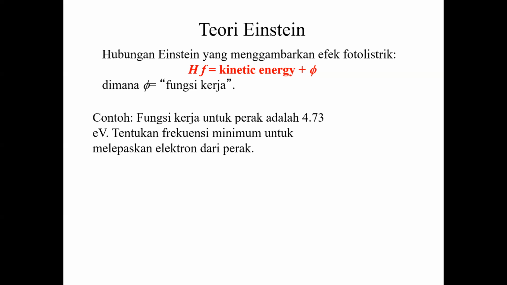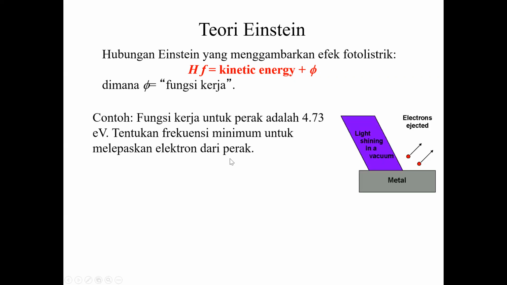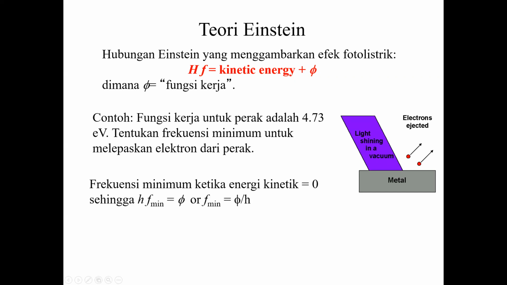That's the minimum. For example, the work function for silver is 4.73 electron volts. So hf minimum is equal to phi. This phi here is the work function, h times f minimum, with the kinetic energy being 0.